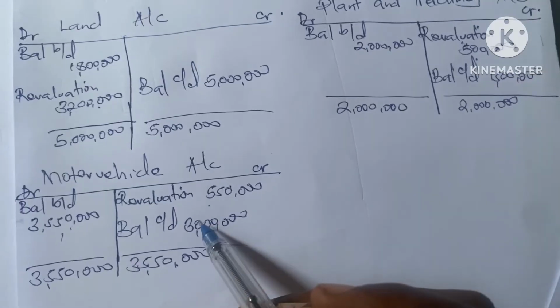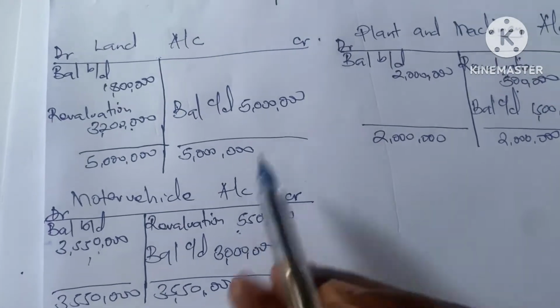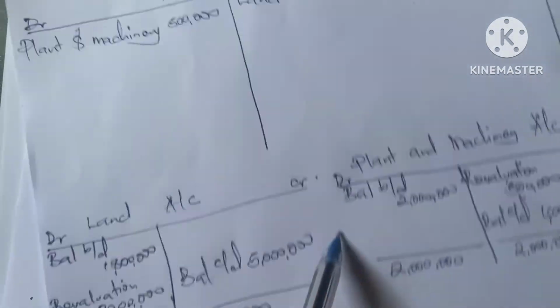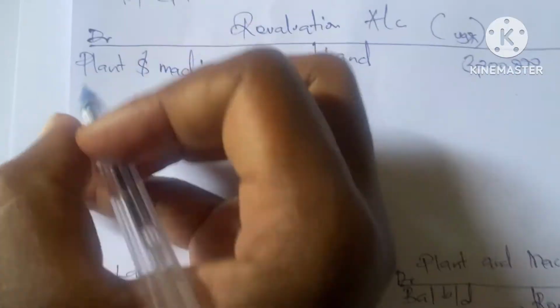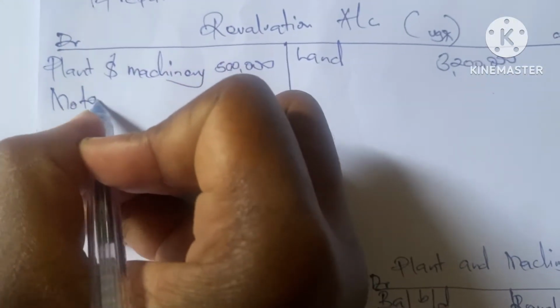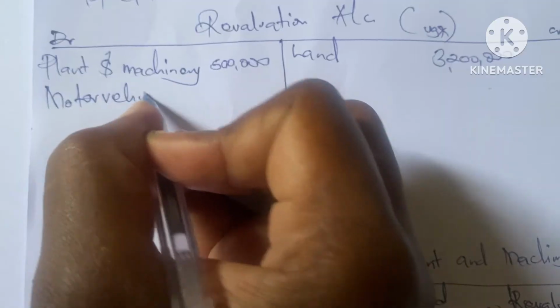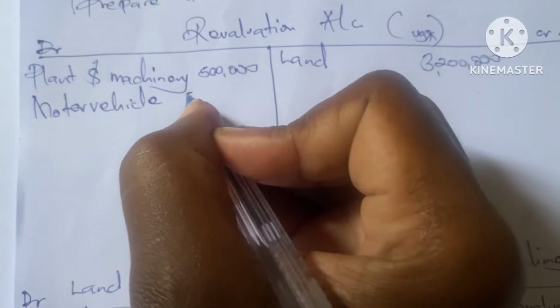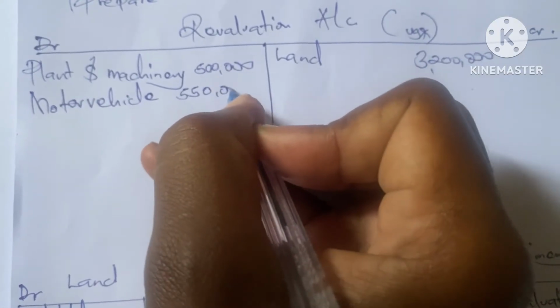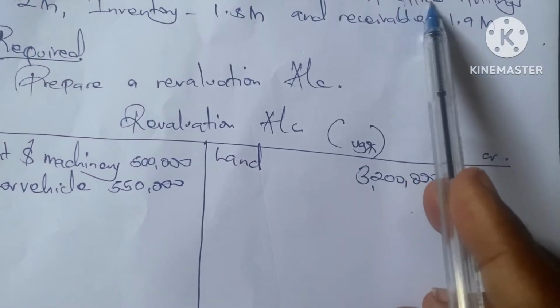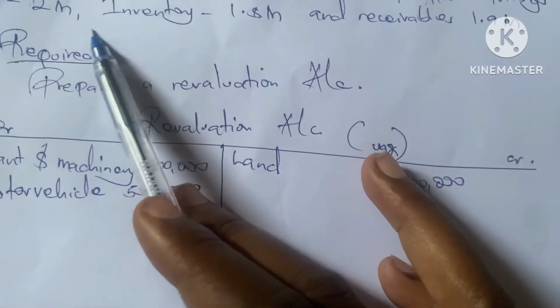So since the revaluation is on the credit side, in the revaluation account, we shall put it on the debit side by writing motor vehicle, 550,000, like that. And they've told us office and fittings was revalued to 2M.